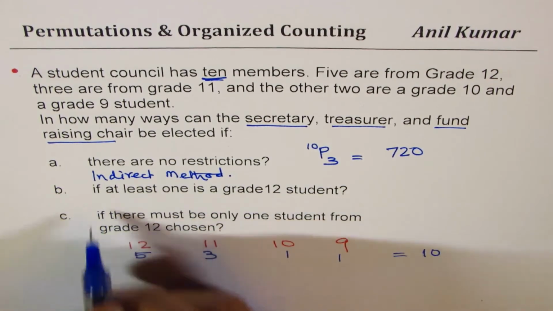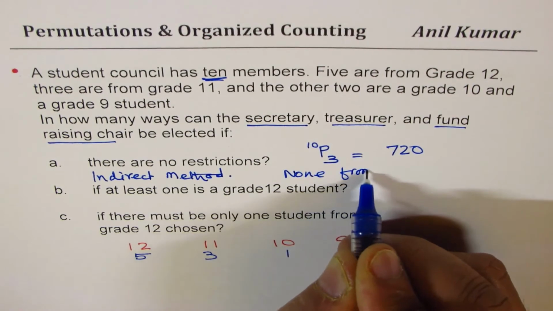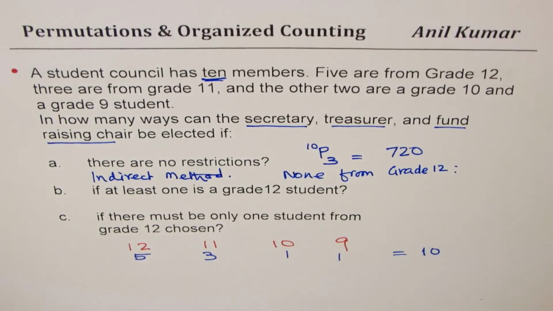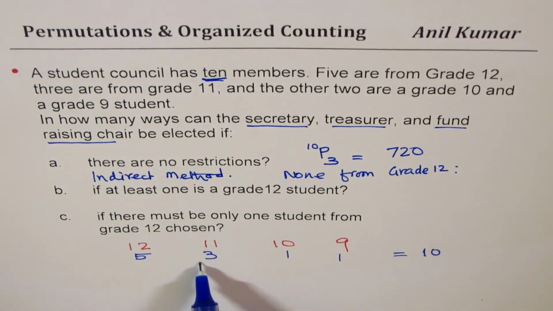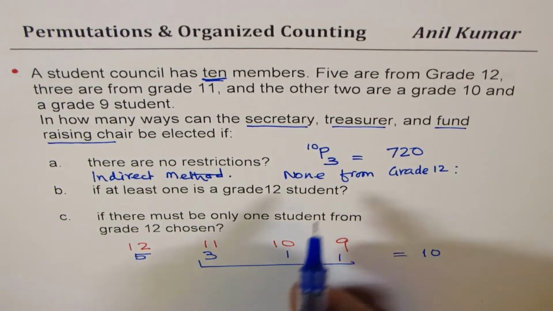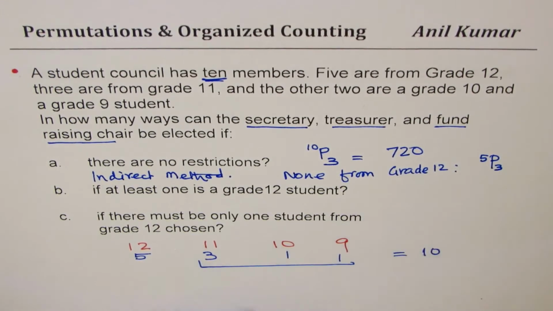So we'll say none from grade 12. Let's figure this out. That means we are selecting all 3 from this category, which is 3 plus 1 plus 1, 5. So from 5, we are selecting 3, so it becomes 5P3.